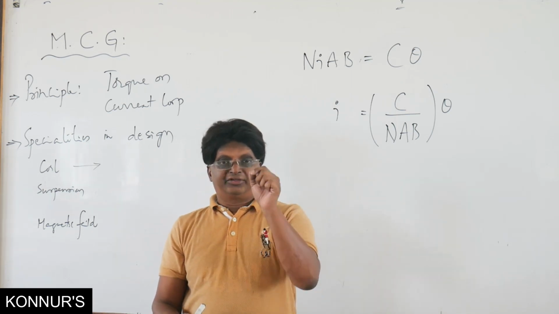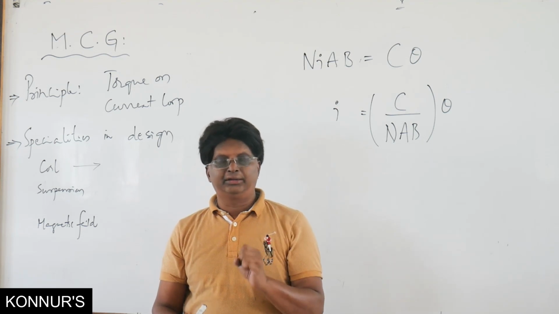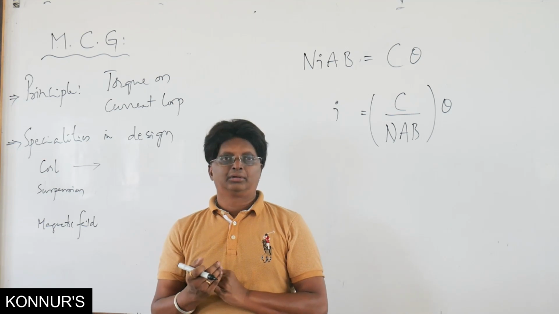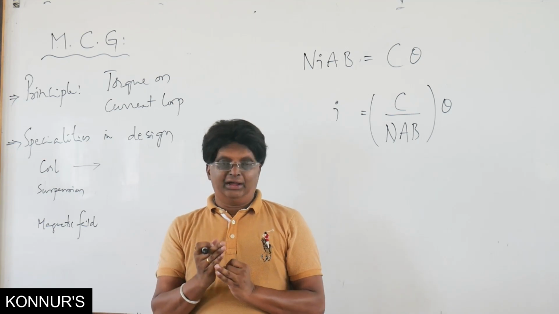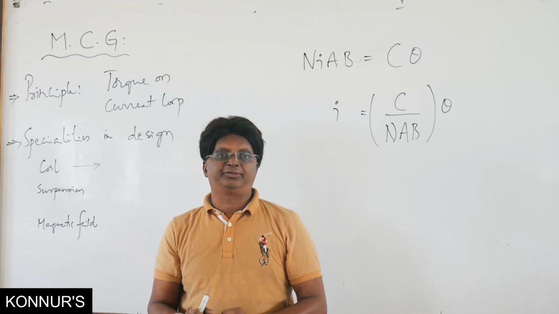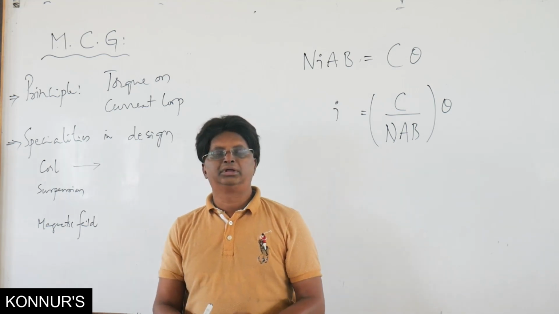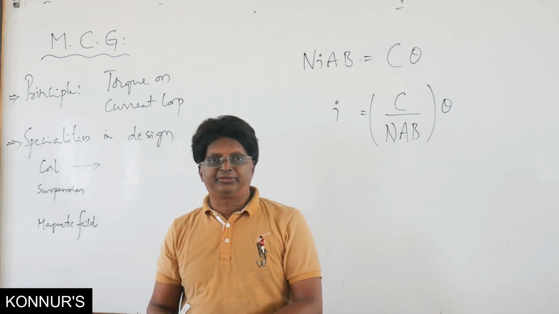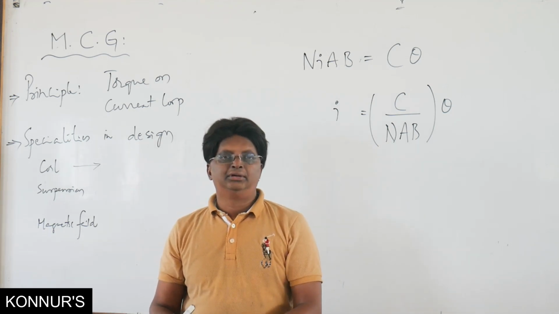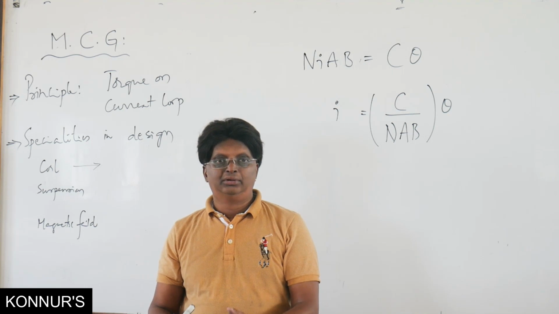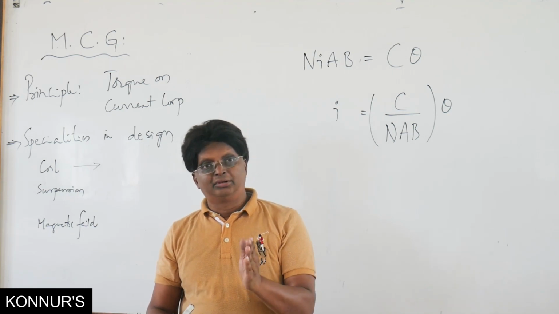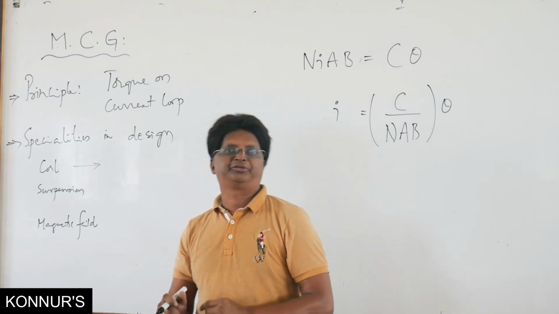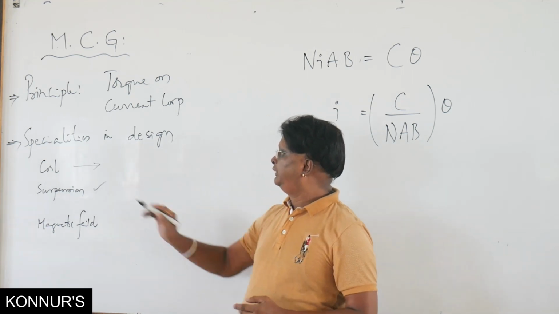Because of that, it should have high Young's modulus and low Poisson's ratio. Remember, it should have higher Young's modulus and lesser Poisson's ratio, and that is why the preferable material would be phosphor bronze suspension in the case of moving coil galvanometer.